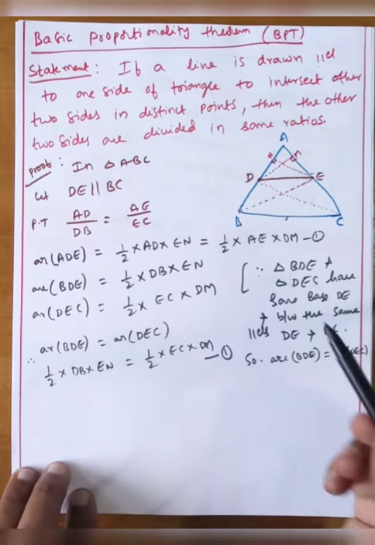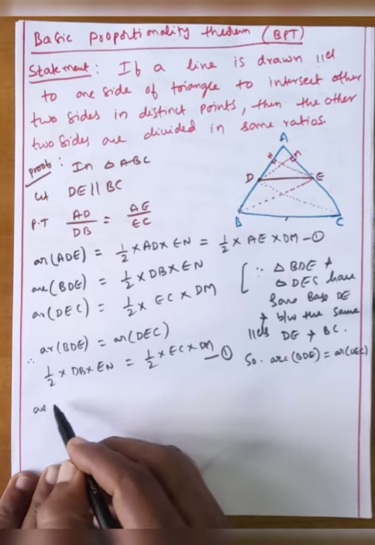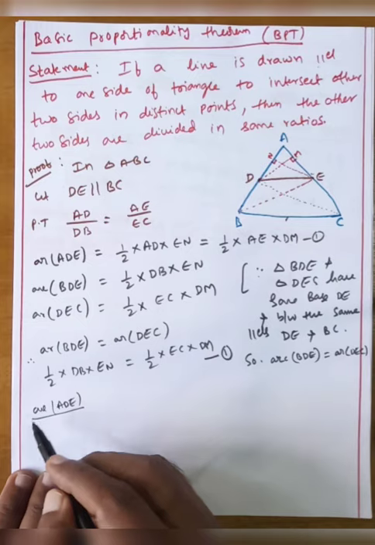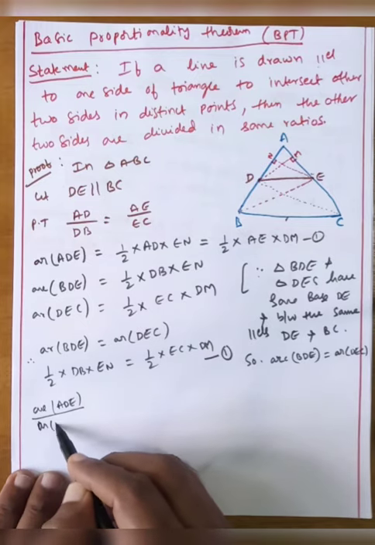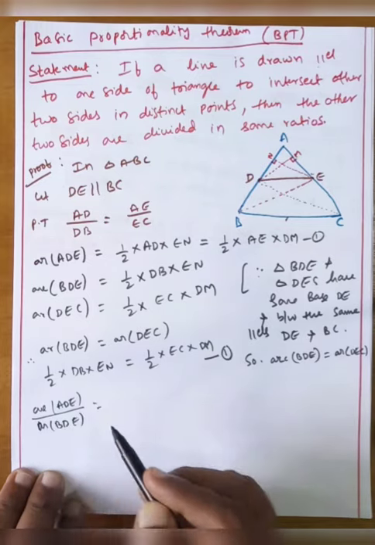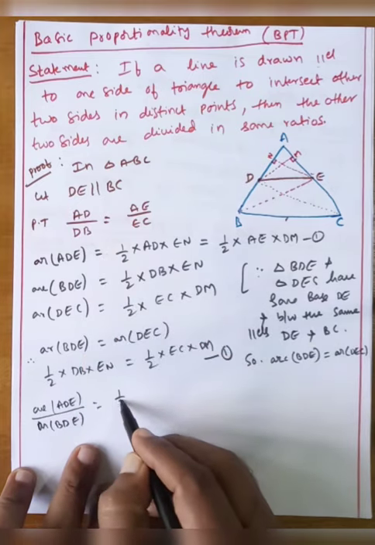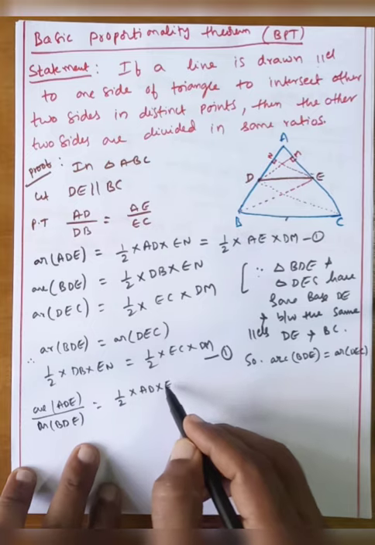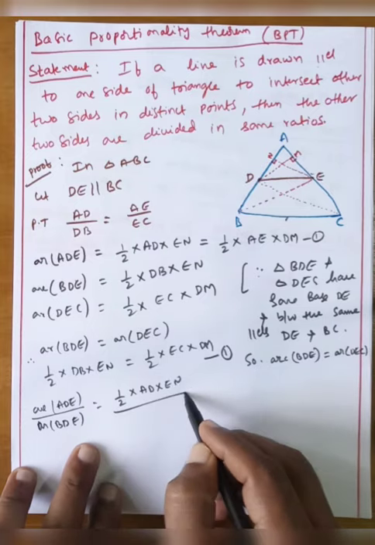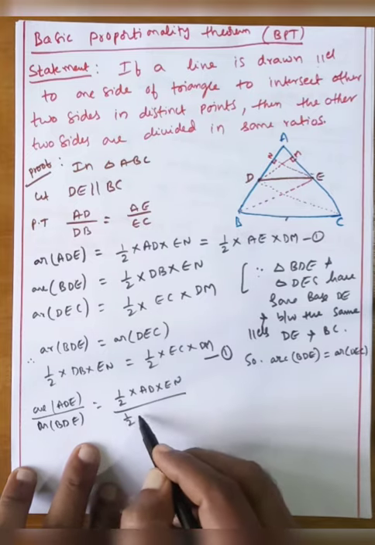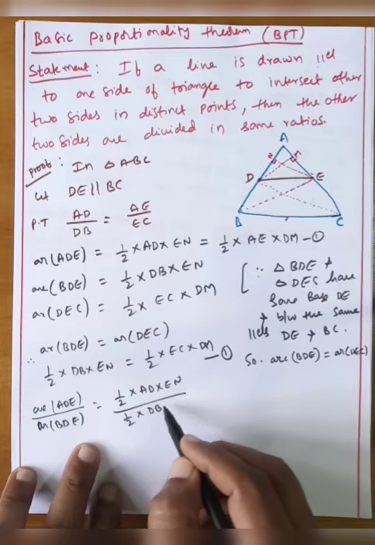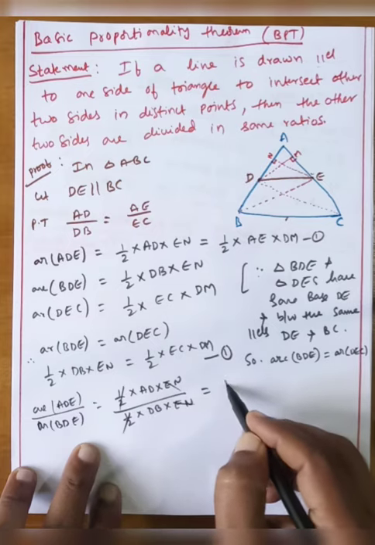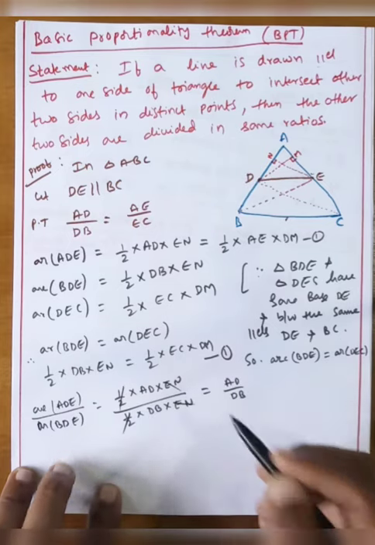Now area of ADE by area of BDE. What happened, my dear students? Here we already found half into AD into EN by BDE, half into DB into EN. Half cancels, EN cancels, so AD by DB. Very nice.